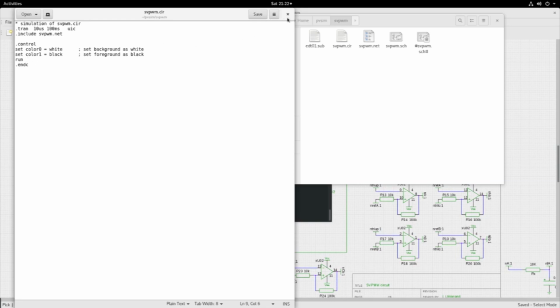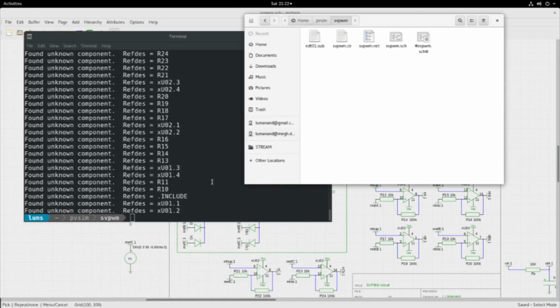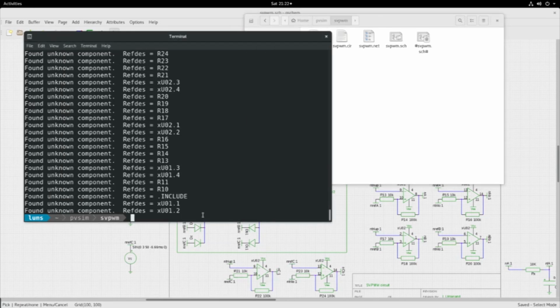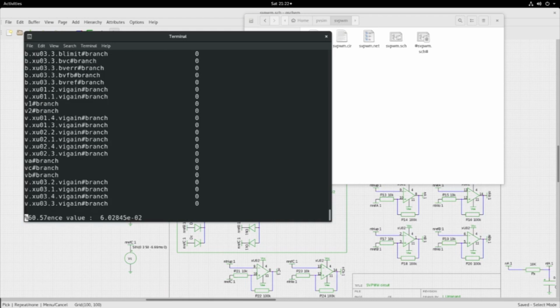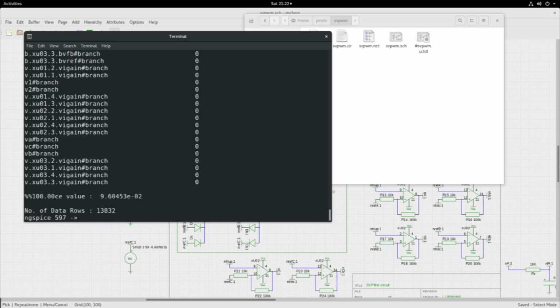So this I will do. I will close this and then go back to the terminal, NgSpice svpwm.cir. So it will go in and execute the svpwm circuit. The whole entire circuit will be executed.